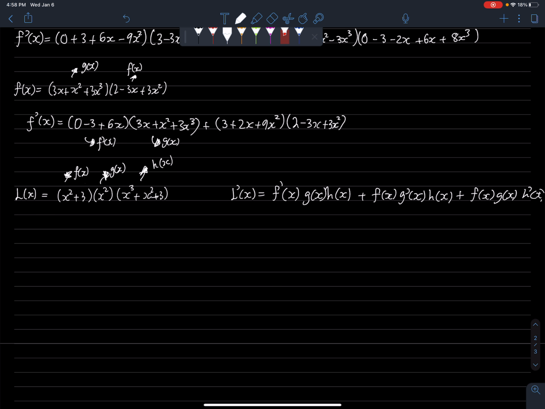So as you can see, the derivative, you just move it 1 over. So multiply it by the next derivative. So let's do that here. So derivative of this, 2x plus 0, right? Derivative of x squared is 2x, derivative of 3 is 0. Now multiply it by everything else.